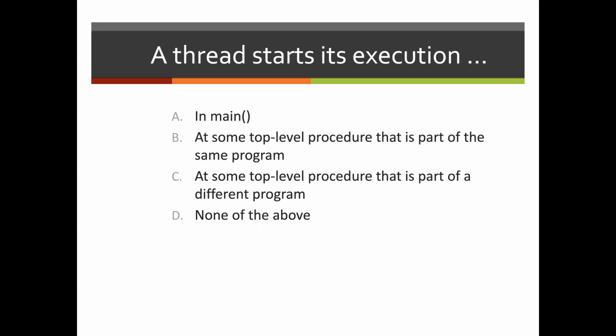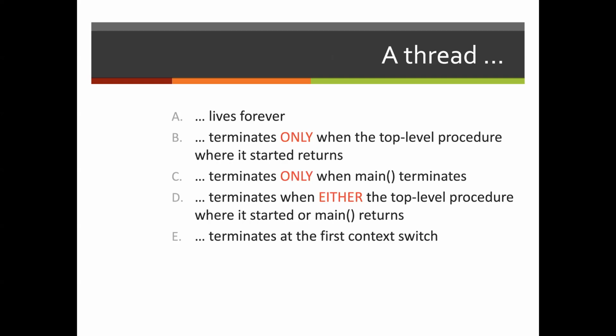And as our previous example has shown, we want to think of a thread's execution as starting at some top level procedure that is part of the same program. And so when we consider the duration of a thread, we want to consider a thread lives forever.